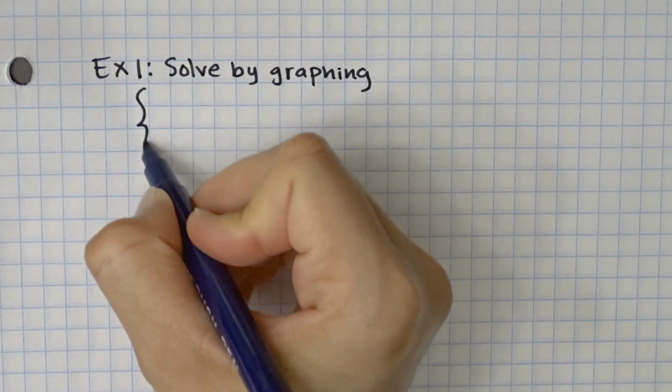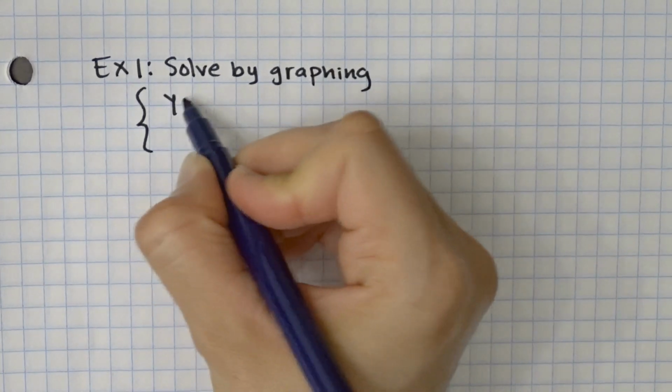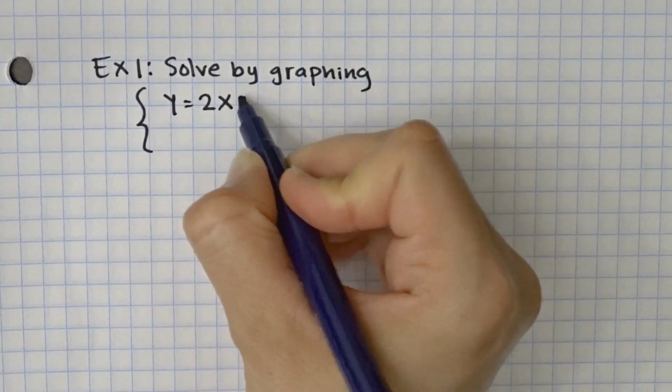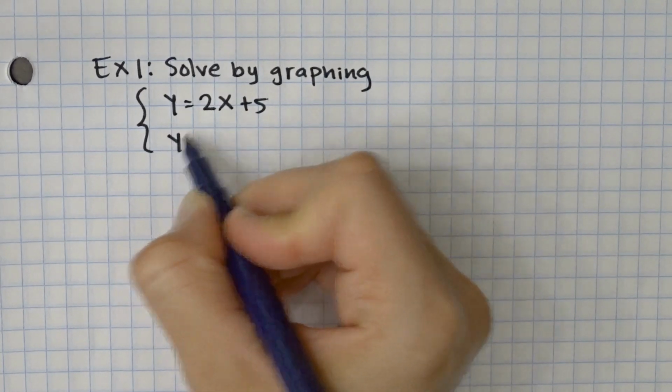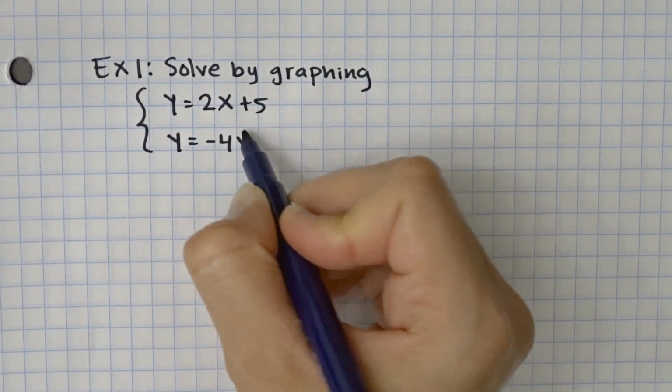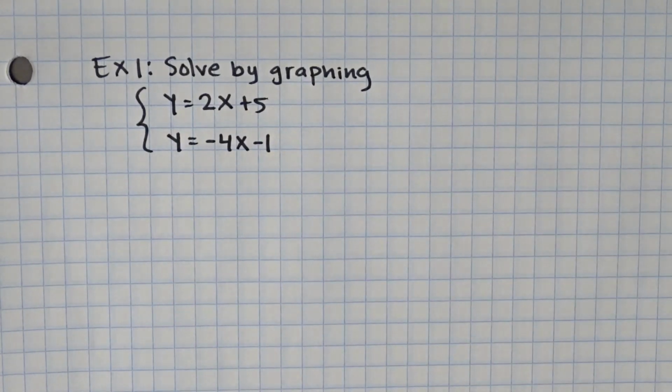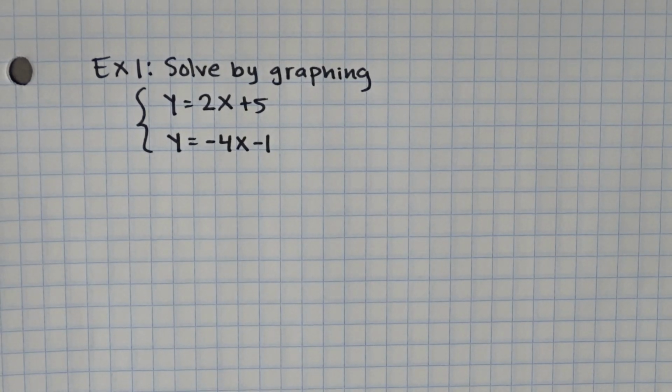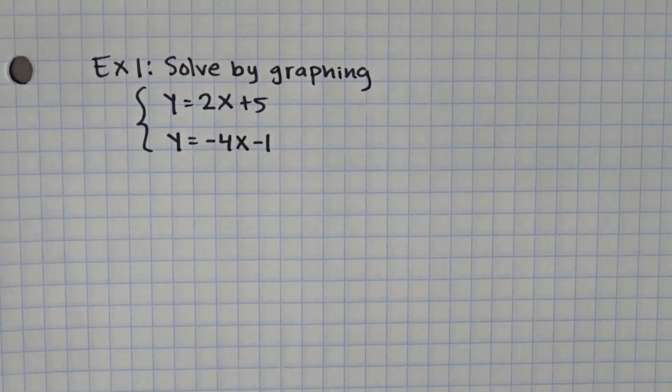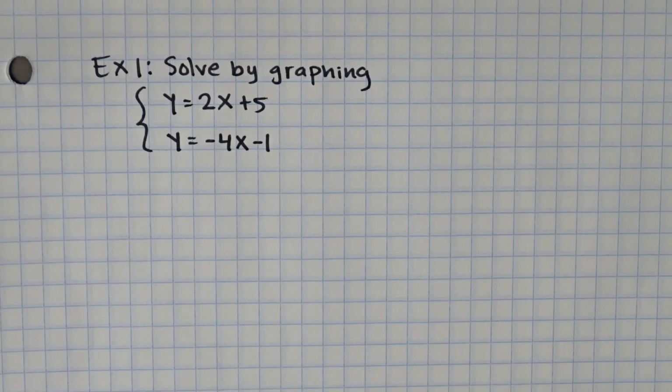And we're given the system of equations y equals 2x plus 5 and y equals negative 4x minus 1. Now when we're solving by graphing, it is very important to have graph paper because we're going to be looking for the exact intersection. And if you're just making a random graph on line paper without any grid lines, then it's harder for you to continue the slope in a correct pattern.